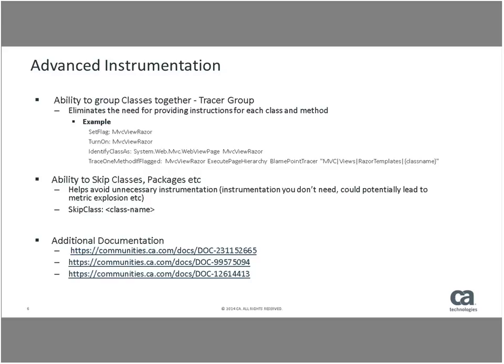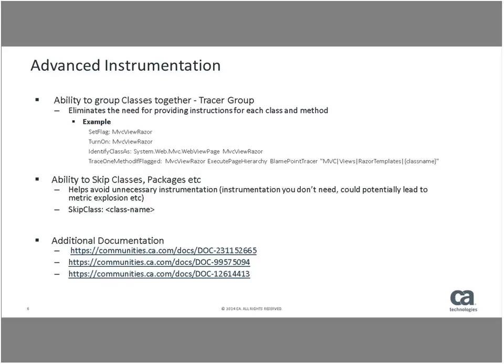Now, once you understand this basic concept of instrumentation, let's look at some advanced instrumentation techniques. I talked about the helper directive. They basically say, instead of providing each and every class, you can group them. The example I've provided here, the ability to group classes together, we call a tracer group.